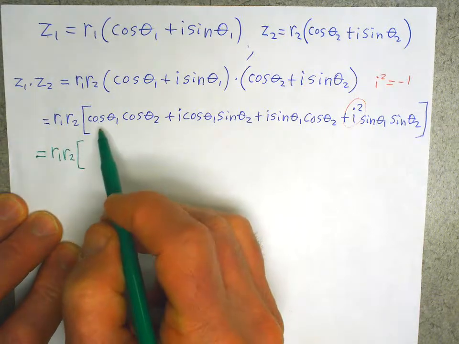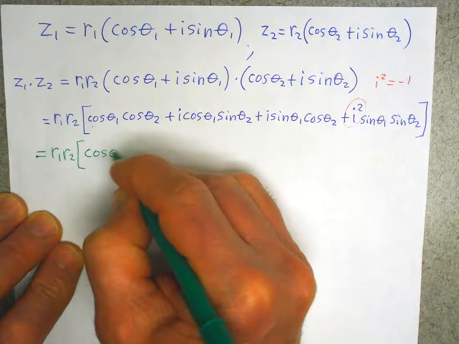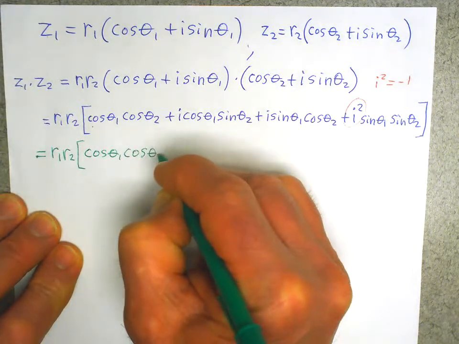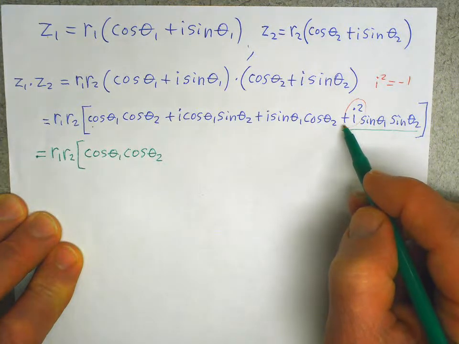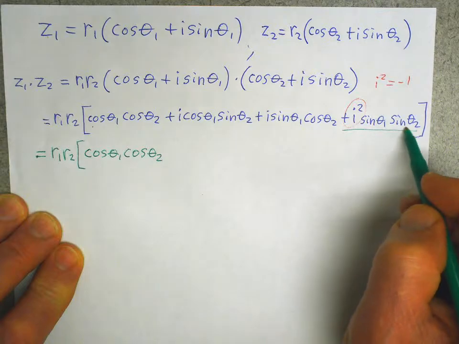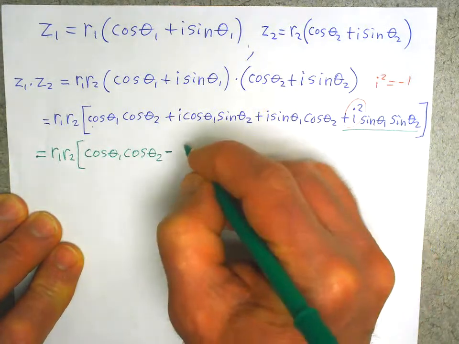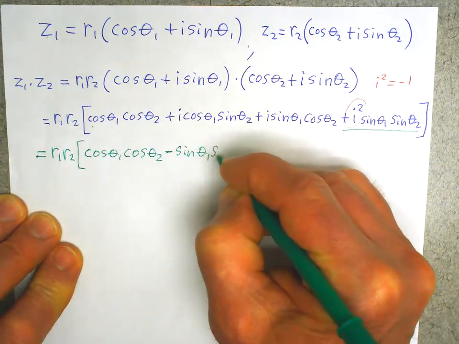We'll put the real parts together, which is cosine of theta 1 times cosine of theta 2. And then I'm replacing this with minus sine theta 1 times sine theta 2. So that's a real part: minus sine of theta 1 sine of theta 2.